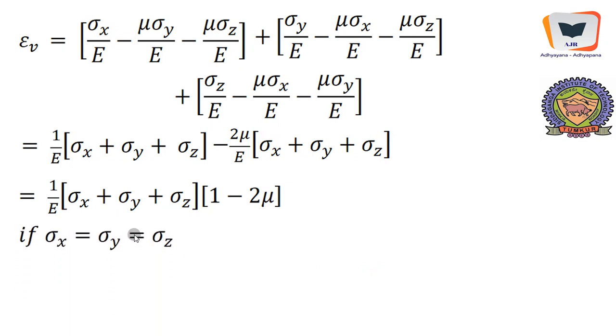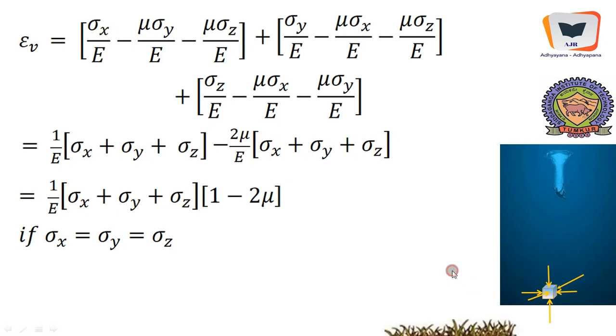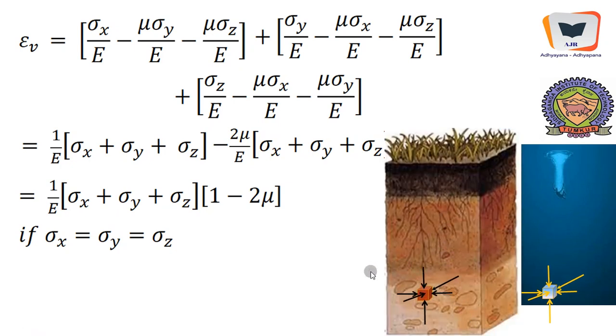And in some cases, in specialized situations, like an element within the body of water, like an element within the body of soil and under great depths, this particular element will be experiencing same magnitude of sigma x and same magnitude of sigma y and sigma z. Such a situation wherein the stresses along three mutually perpendicular directions happen to be same, such a stress is called as spherical stress.